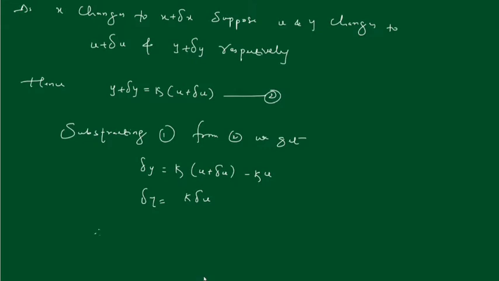So now limit delta x tends to 0, delta y by delta x is equal to limit delta x tends to 0, k delta u by delta x.